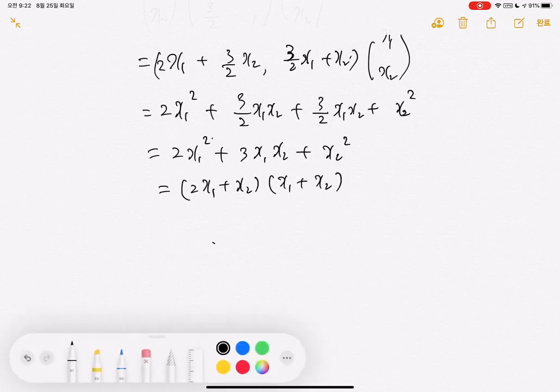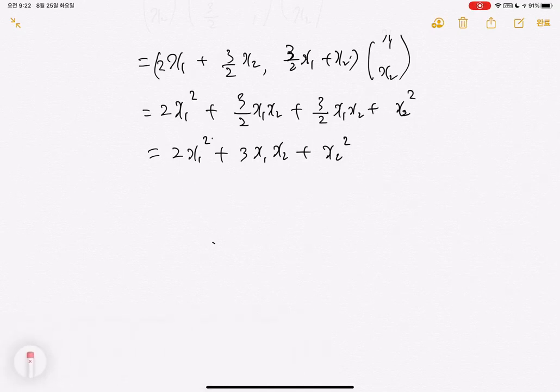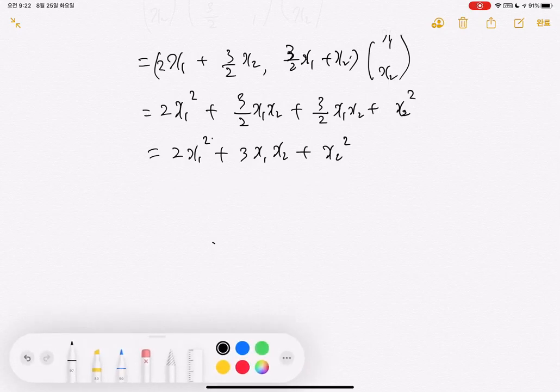So hold on, let's change this a little bit. Let's make it a complete square.